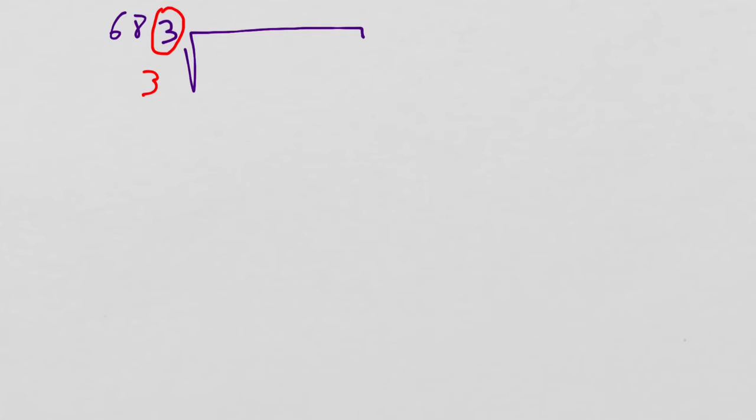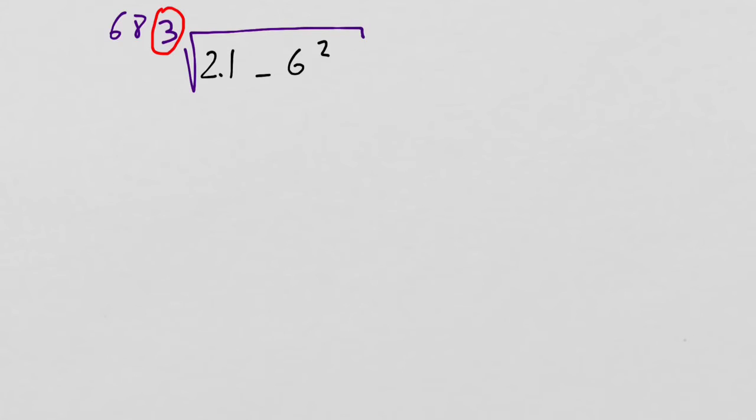You should have your 3 in the upper left corner of your cubic root. So let me erase that. Then you have to calculate 2.1 minus 6 squared.